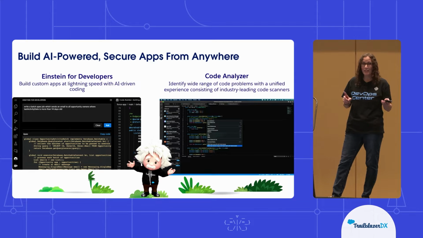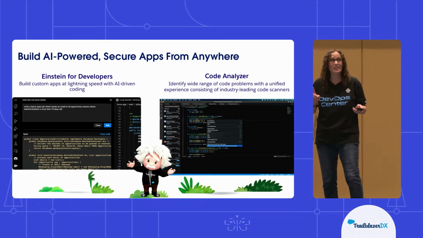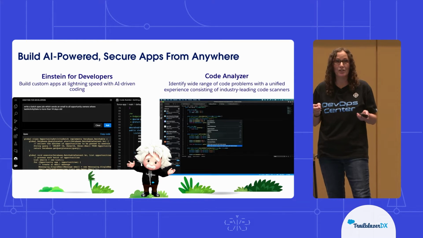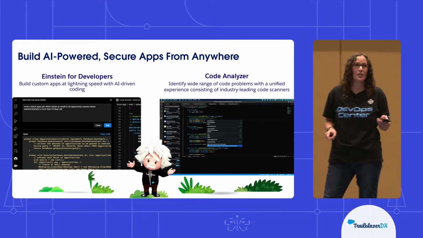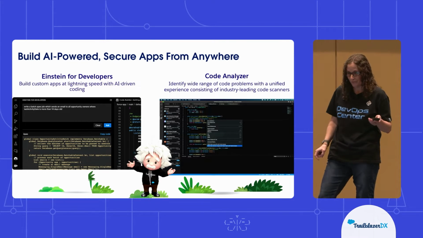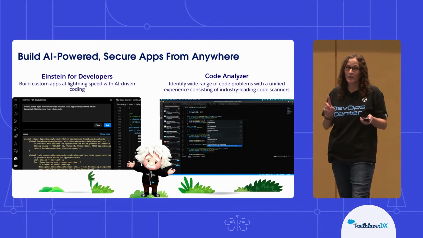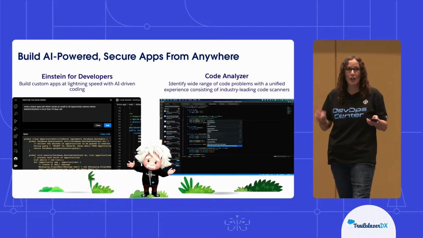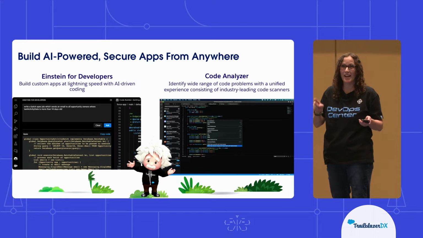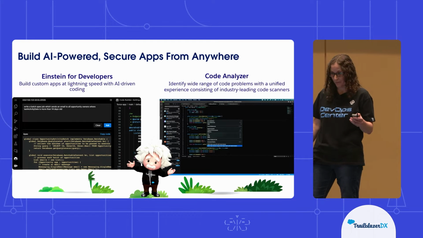And if you happen to be an ISV or partner who wants to list a managed package on AppExchange, Code Analyzer is your trusted partner for getting you through your security review. And have no fear, with the Einstein Trust Layer, your code, project context, and customer data are all safe.